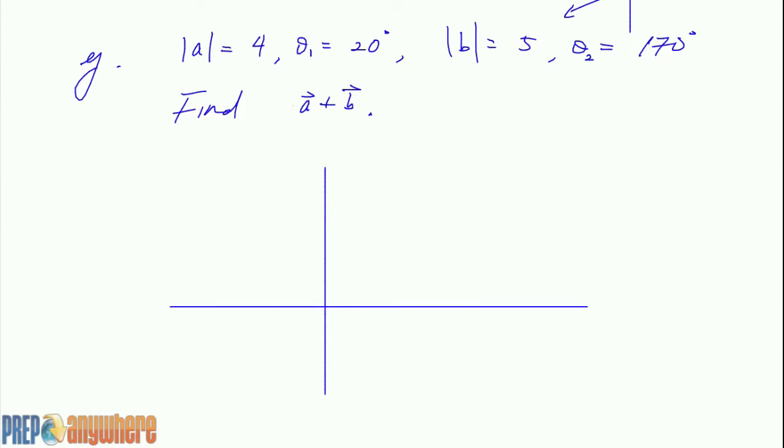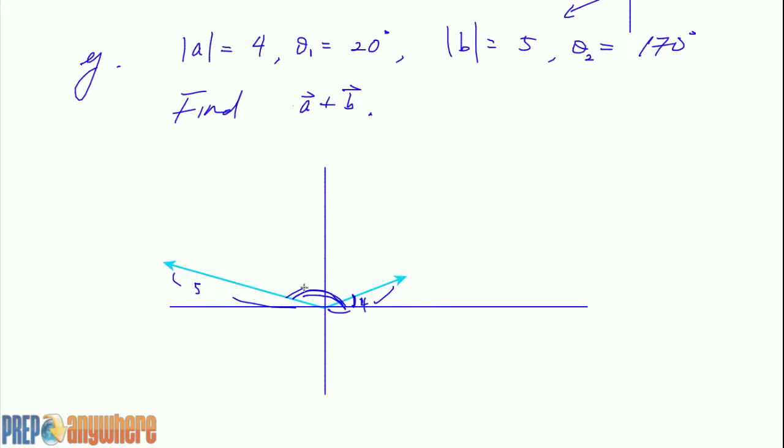Alright, so you guys try to set this up. Let me do a rough setup here. 4 and 20 degrees. Let's say that's length 4, that's 20 degrees. And 5 will be at 170 degrees, about there. So this is length 5, this is length 4, this right here is 20, and this angle here is 170.